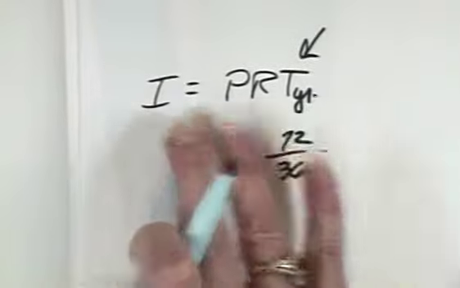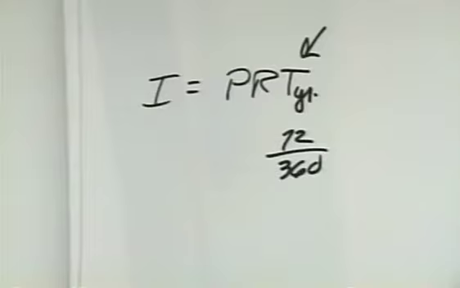So when it's in this formula, you're always going to divide because time has to be what part of a year this is. And it's 72 days out of 360. Likewise, say it's 111 days. And if it was exact, when you're plugging it in for time in terms of a year, you are always going to be dividing by 12 if it's months, 360 if it's ordinary, 365 if it's exact.